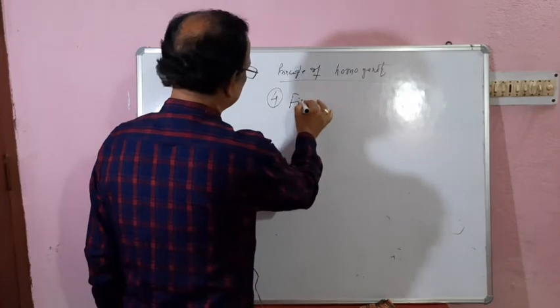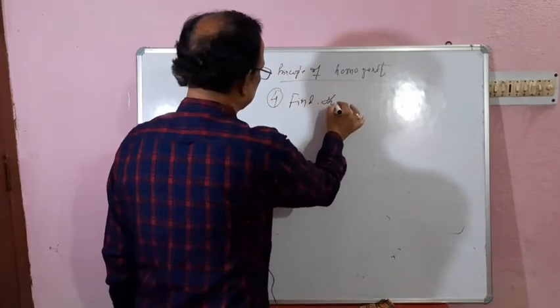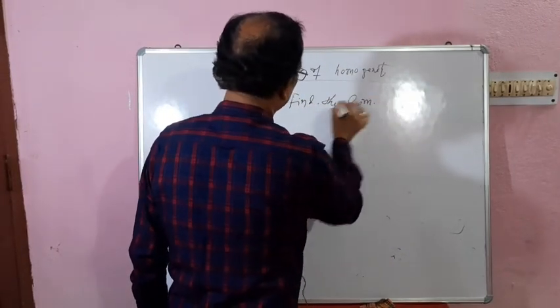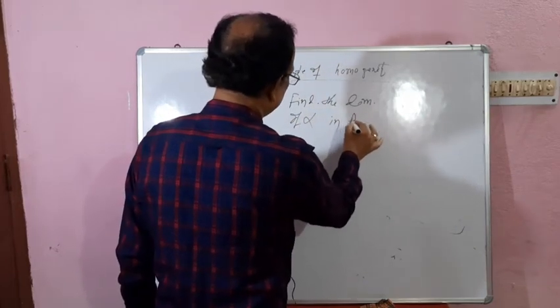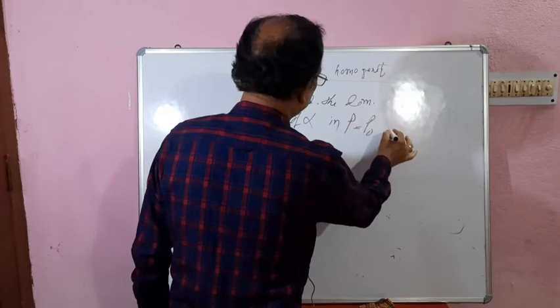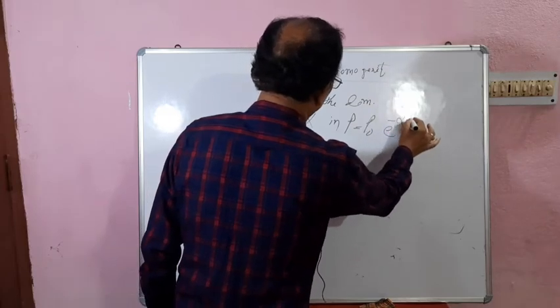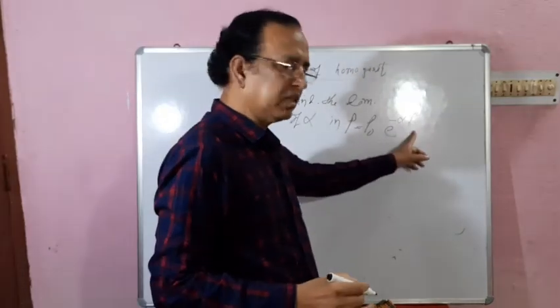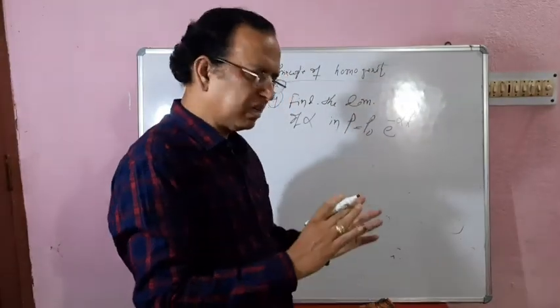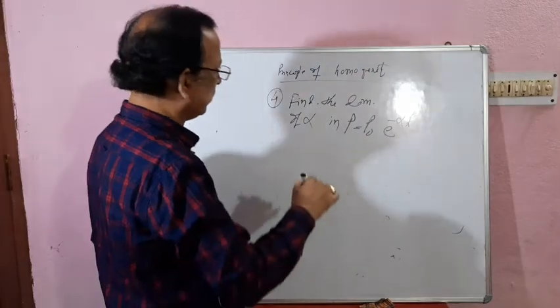Find the dimension of alpha in P is equal to P0 e to the power minus alpha t square. Here t is the time, P and P0 are not required.